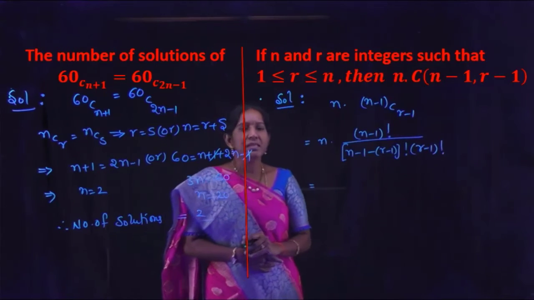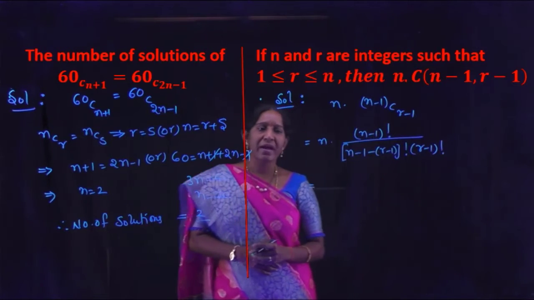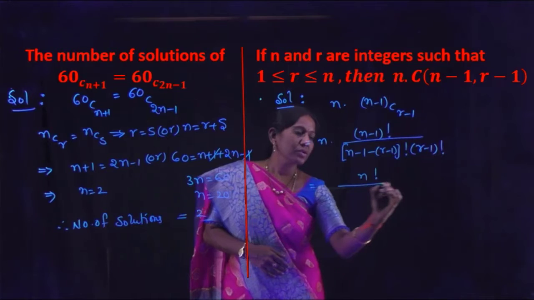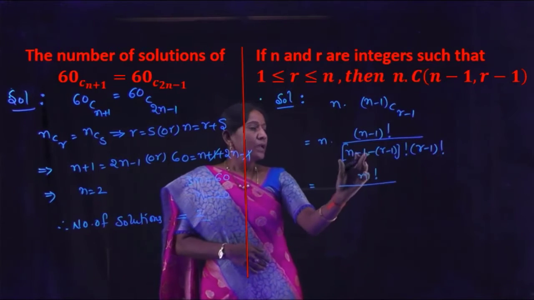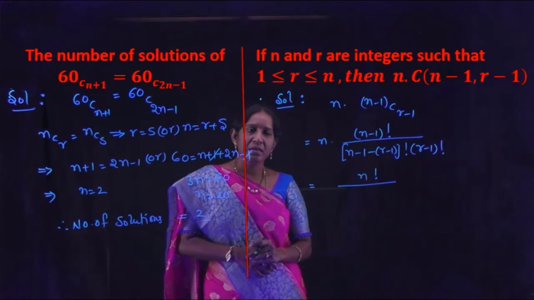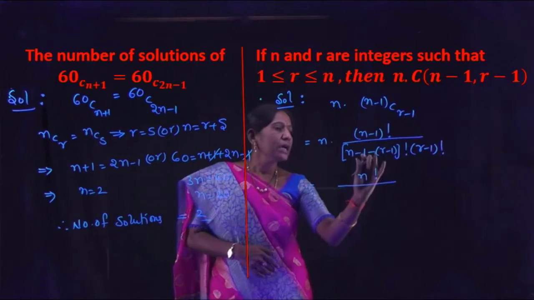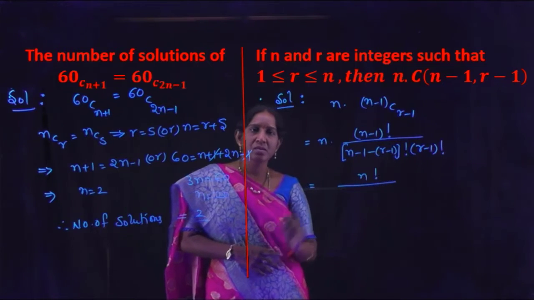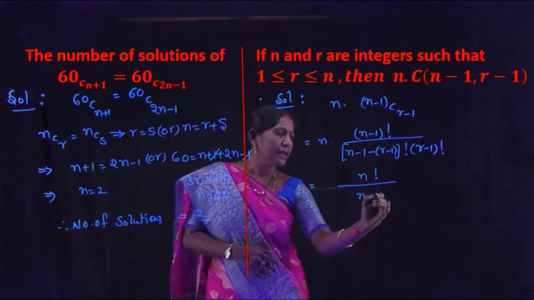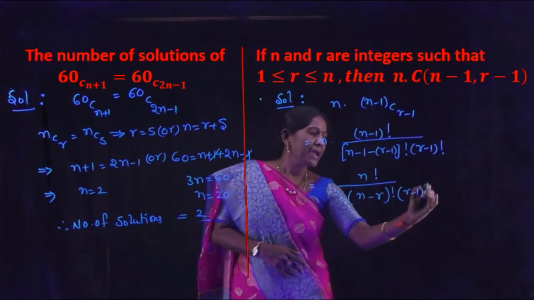Then see the numerator part, n into (n minus 1) factorial, that can be denoted as n factorial by (n minus 1 minus (r minus 1)). If you take this minus inside, then what we get? Minus r plus 1. So, minus 1 and plus 1 get cancelled. Remaining part here, (n minus r) factorial into (r minus 1) factorial.